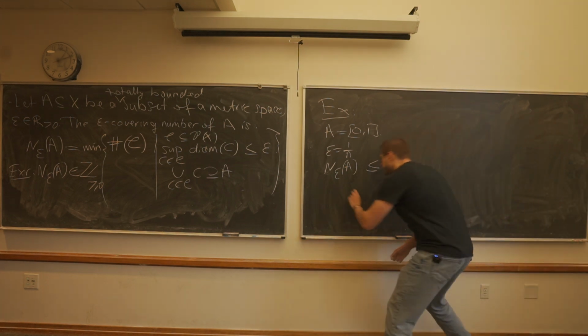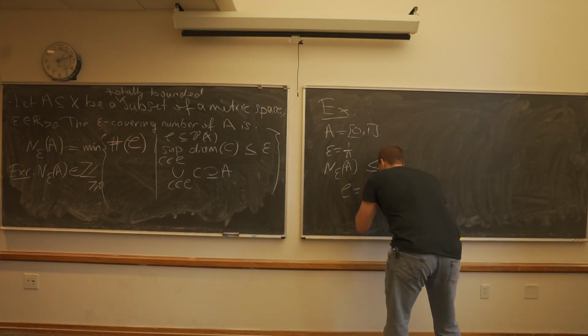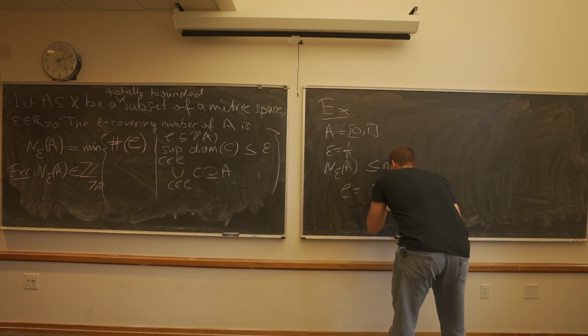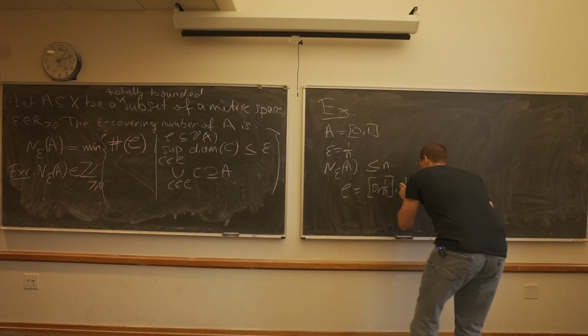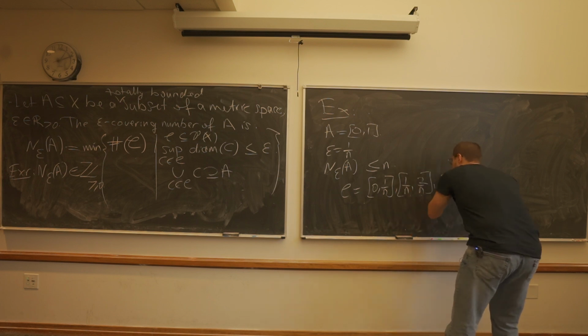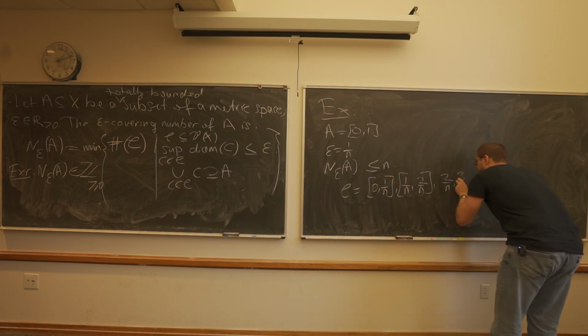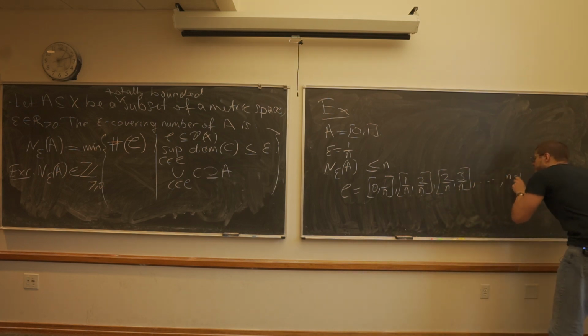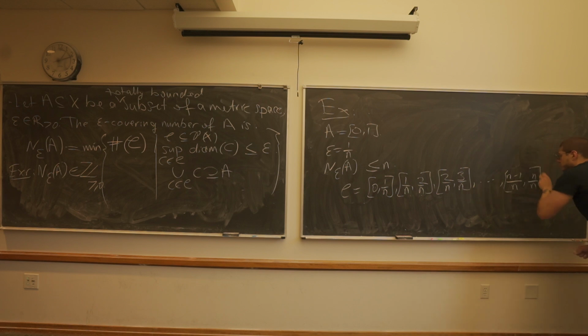So the C is 0 to 1 over n, and then 1 over n to 2 over n, and then 2 over n to 3 over n, and so on, up to n minus 1 over n to n over n.